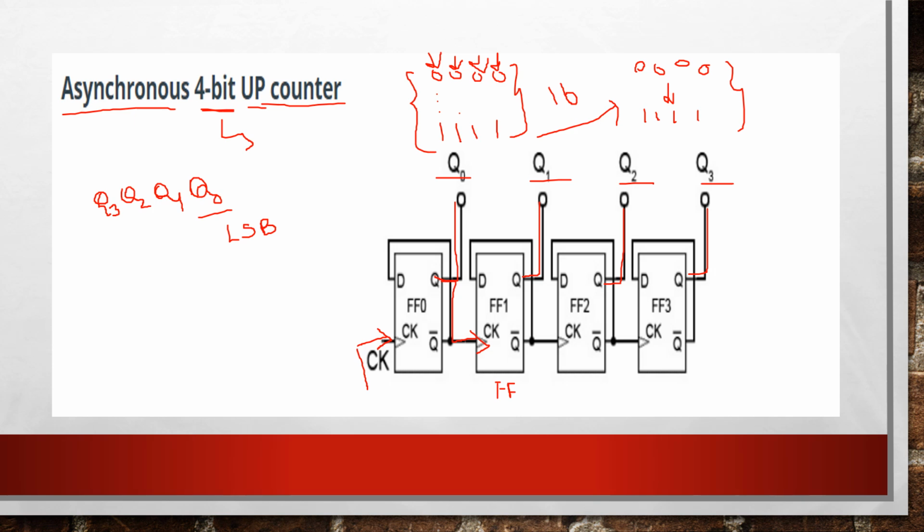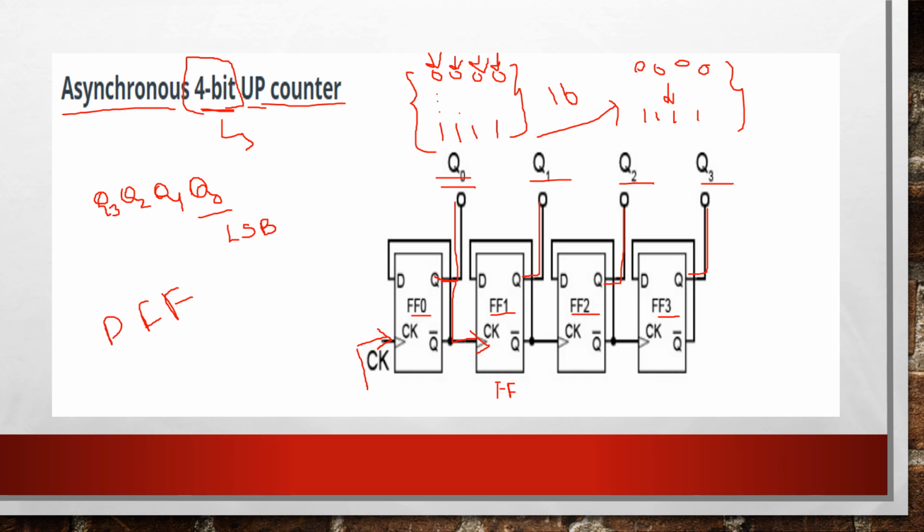So here we are using the D flip-flop. Here 4 flip-flops are used for storing 4 bits. 4-bit indicates 4 flip-flops should be used. So this is F0, F1, F2, F3. The flip-flop F0 has the least significant bit Q0.